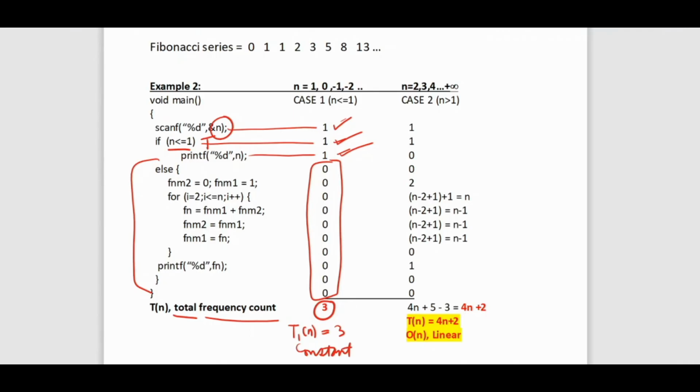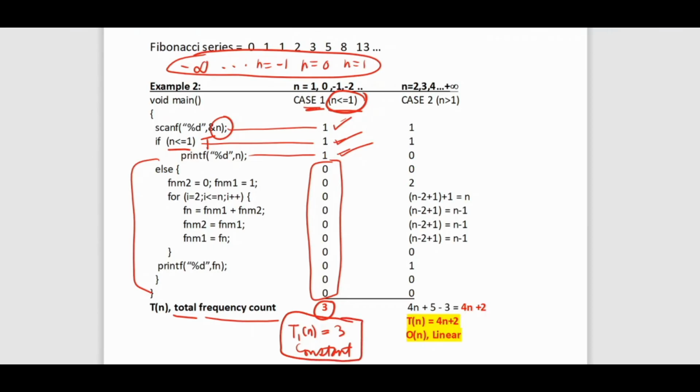Whatever the value of n is, as long as it is less than or equal to 1, whether n is 1, or 0, or negative 1, any value down to negative infinity, that's case 1. The total frequency count, or the running time of the program, is a constant 3.